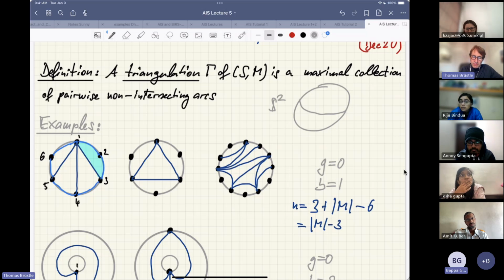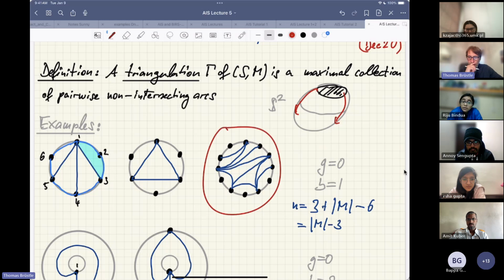From the two-sphere, you cut out a disk, okay, good? And then you kind of want to pull this down. You project everything to the plane, and then you get the actual disk. So, why is the number of boundary components 3? The boundary components are only the boundary of the disk.